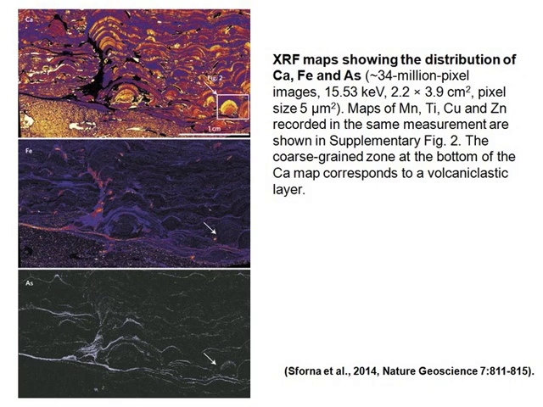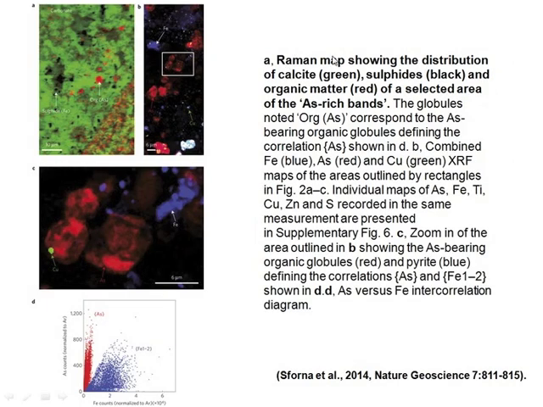So this shows XRF mapping of the stromatolite fabric. And down here we can see arsenic-rich layers that are associated with organic carbon-rich layers in the stromatolite. They used Raman spectroscopy to zoom in a little bit more on those organic-rich layers. And in some cases, they're finding what are interpreted to be fossilized microbes.